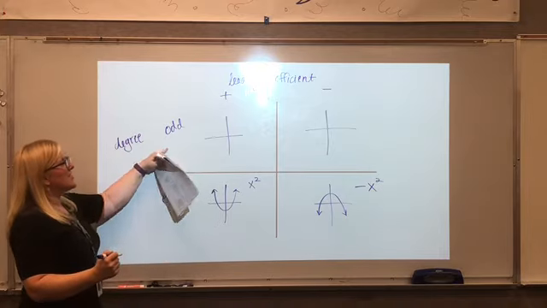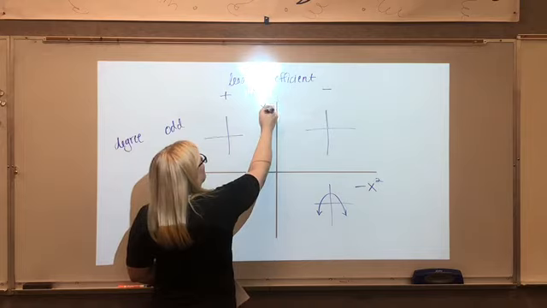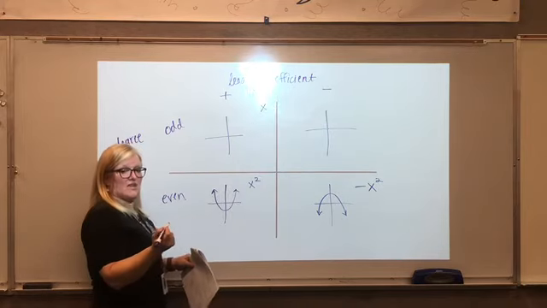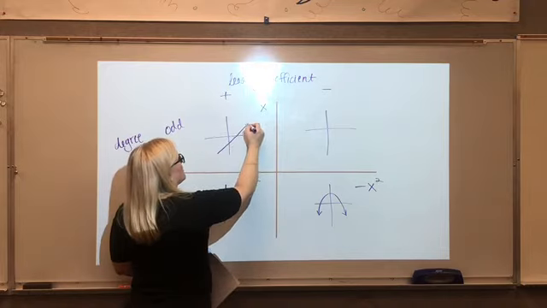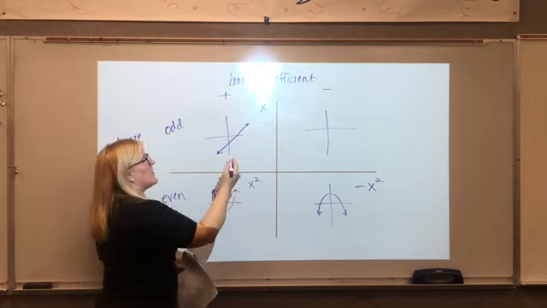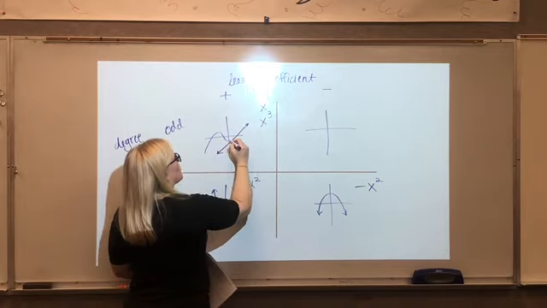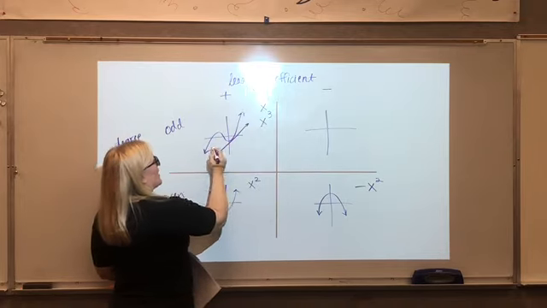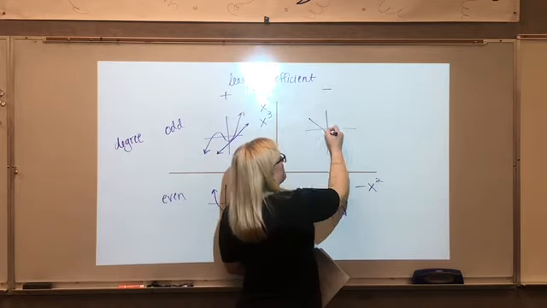Okay, if my degree is odd and it's positive, this could be like just the x. X to the first power is odd, so it can look like this. Now x cubed looks more like this, but anyway, they're pointing the same direction. Same thing with negative.